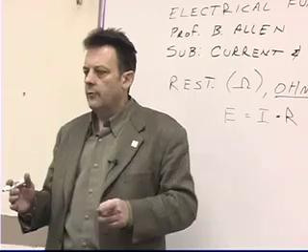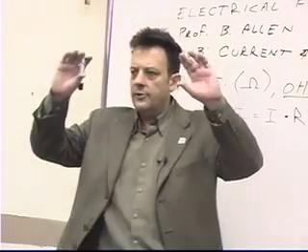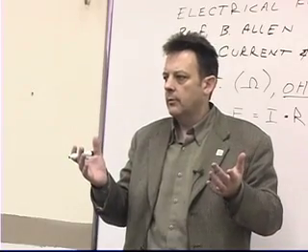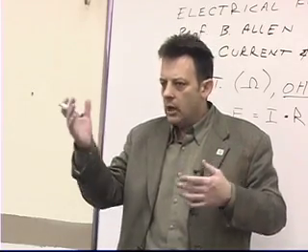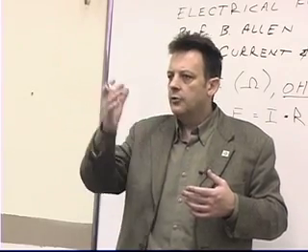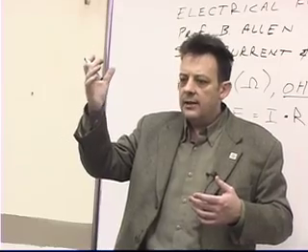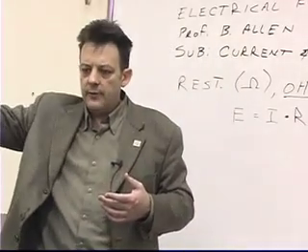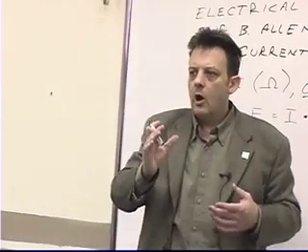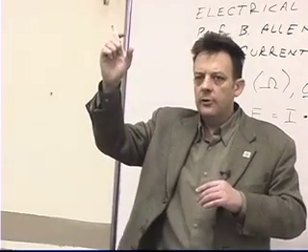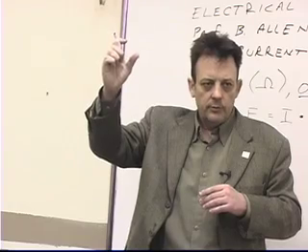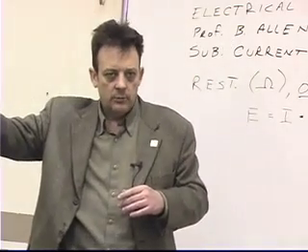Valence electrons are the electrons in the outermost shell of the atom that you're dealing with. Okay? Conductors are atoms whose valence electrons are easily moved out of the valence shell. Insulators are atoms whose valence electrons are difficult to move out of the valence shell.